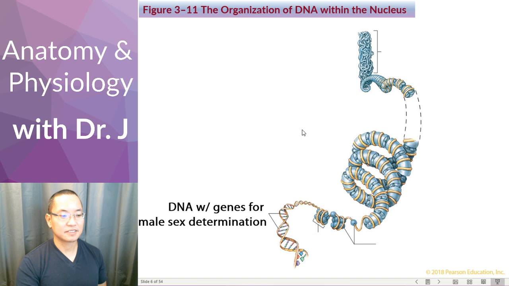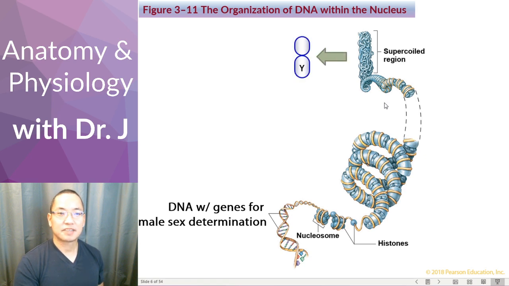Now, what if you have the DNA with the genes that determine male sex? Remember, genes are like instructions for making proteins and RNA. If you have the proteins that influence a developing embryo to become male, this is where you would have the genes, and you package it into a chromosome.